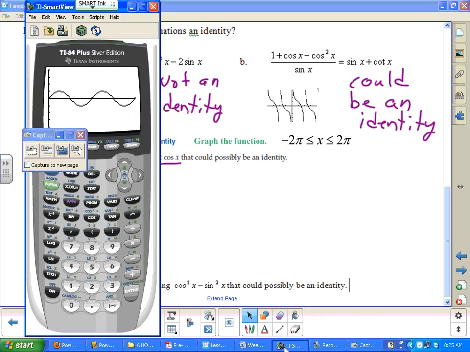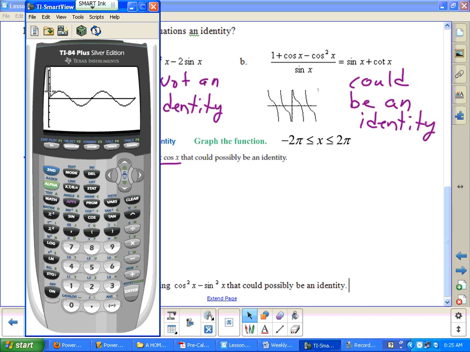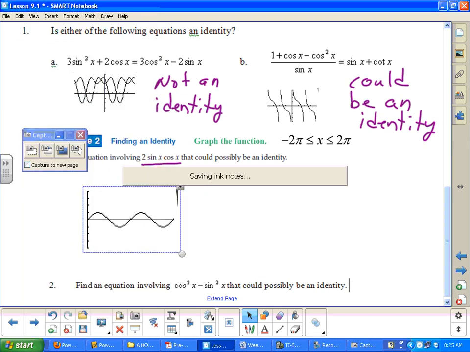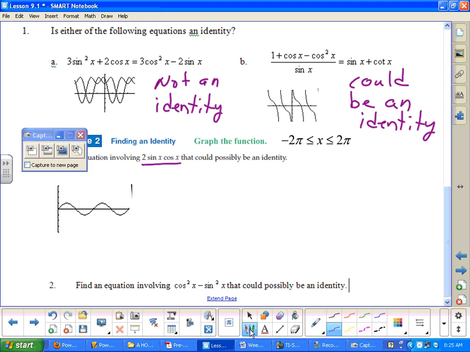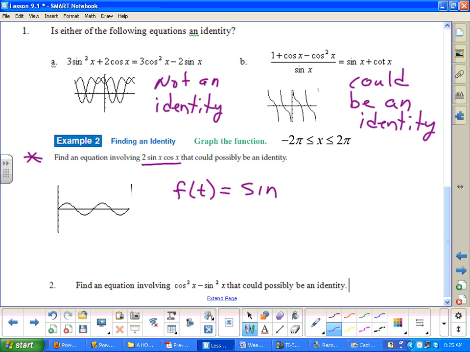All right, hold on, let me get back here. I'm struggling there now. All right, here we go. So what would it be? The amplitude is 1, and so then it would be sine of what? 2x.